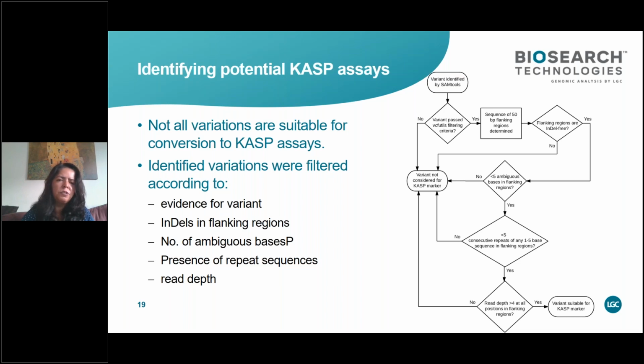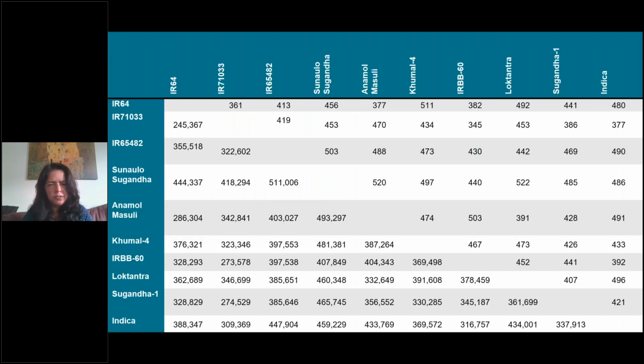The great news is, as you can see in this graph on the right-hand side, which shows the numbers of markers available when we did a pairwise comparison of the varieties, the numbers on the right-hand side are in the hundreds, using the sequences that were previously available.